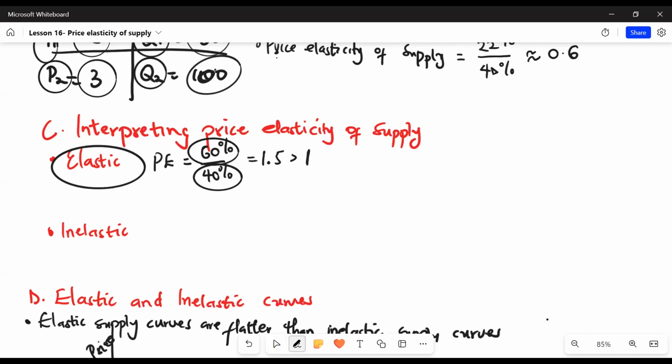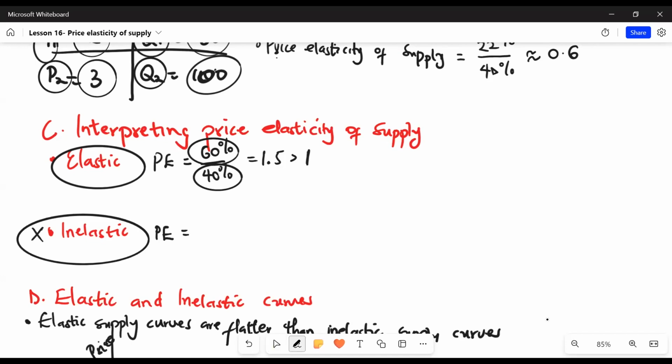Now on the other side is inelastic supply. When you calculate price elasticity of supply and it's less than 1, then the supply is inelastic. This means that quantity supplied is relatively unresponsive to price change.